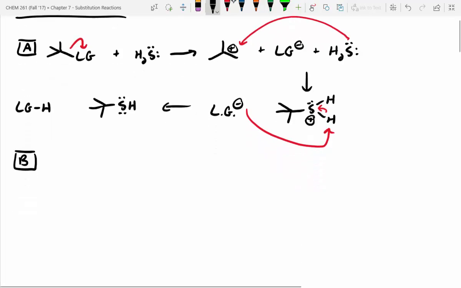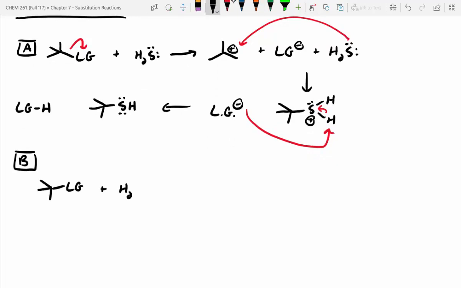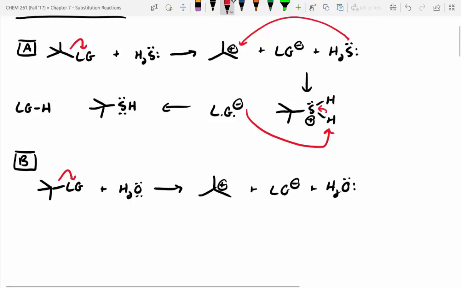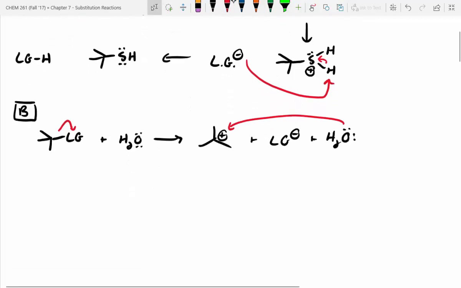All right, let's do the same reaction, but this time with water. Just like before, the leaving group will fall off first. That's entirely the same. Now we've got our leaving group with a negative charge. We've got H2O still hanging around. We know that H2O can attack into that carbocation, just like the top one. Still have leaving group with a negative charge.